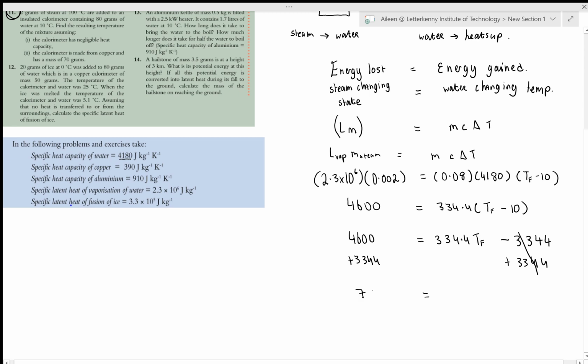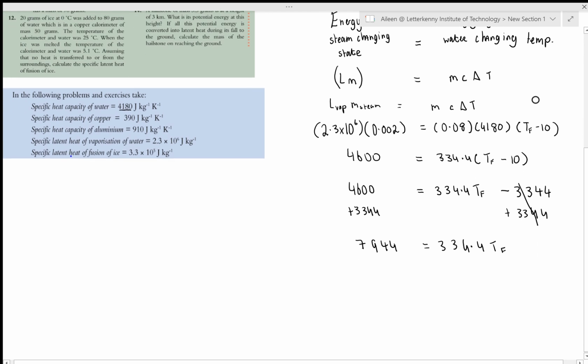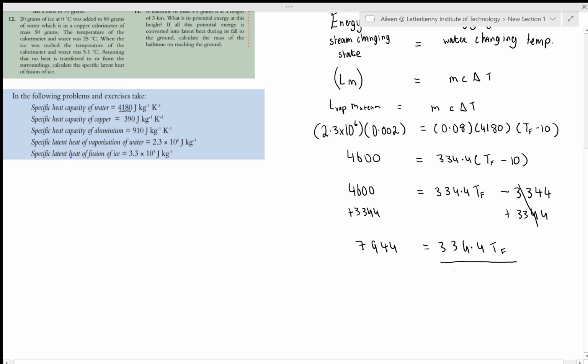I get 7,944 equals 334.4 times my final temperature. I want my final temperature on its own, so I now divide by 334.4. This gives me my final temperature of my water. It's 23.76.